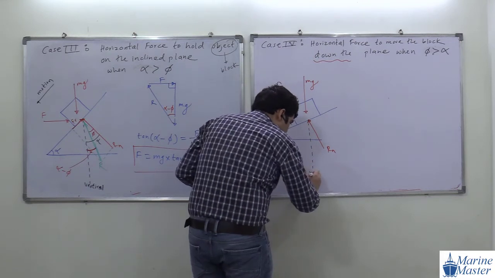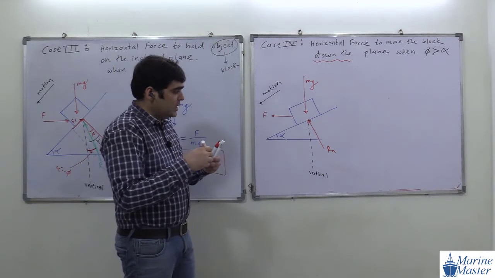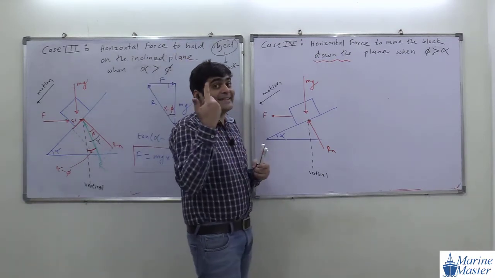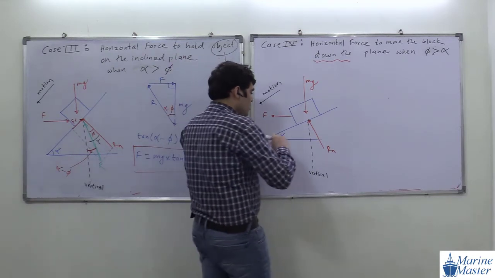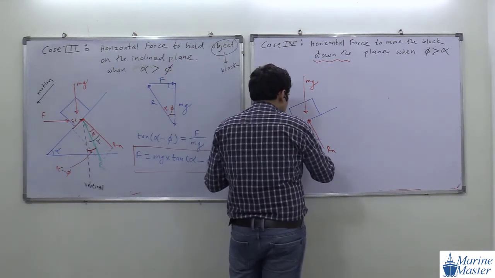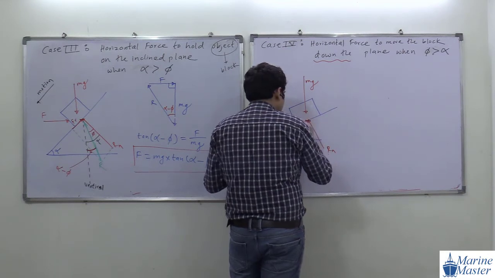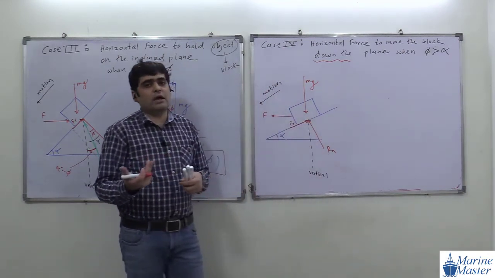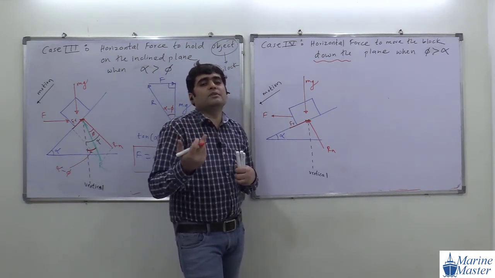This is our vertical. Now if you observe this scenario, phi is greater than alpha. So the value of friction force will be a little bit higher.